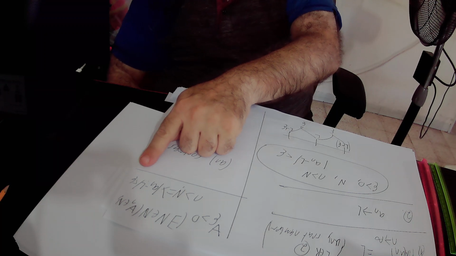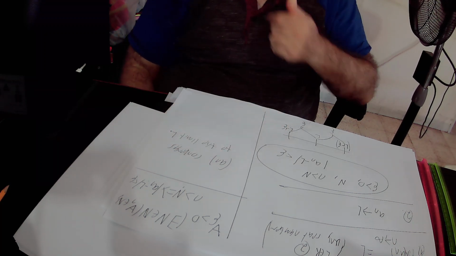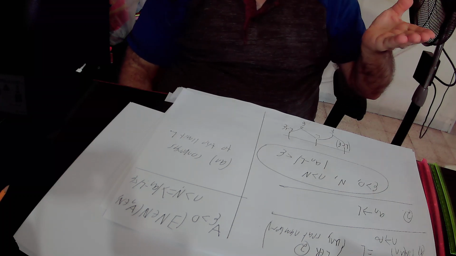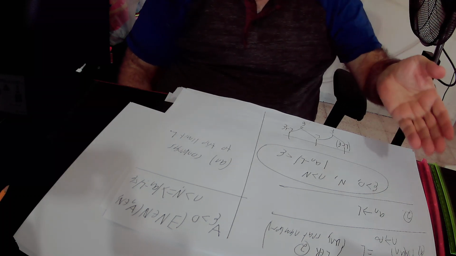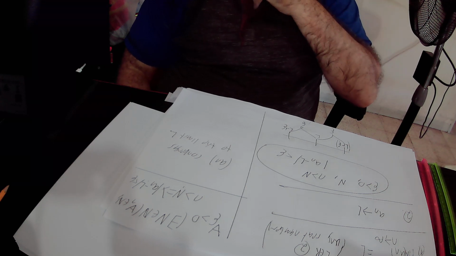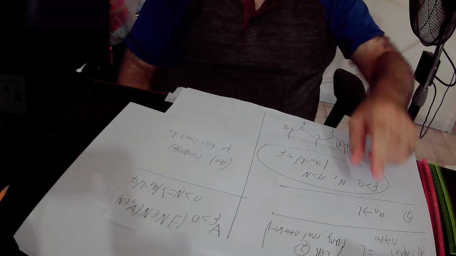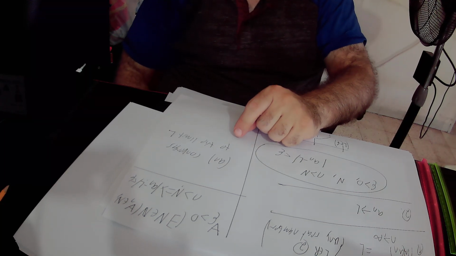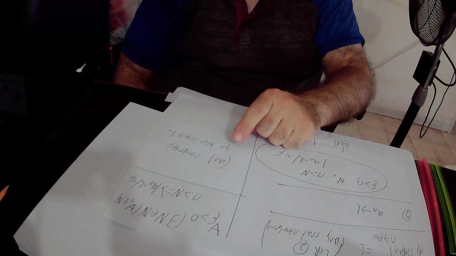Okay? So if sequence a_n has a limit L, then we can say about sequence a_n that it converges to the limit L.